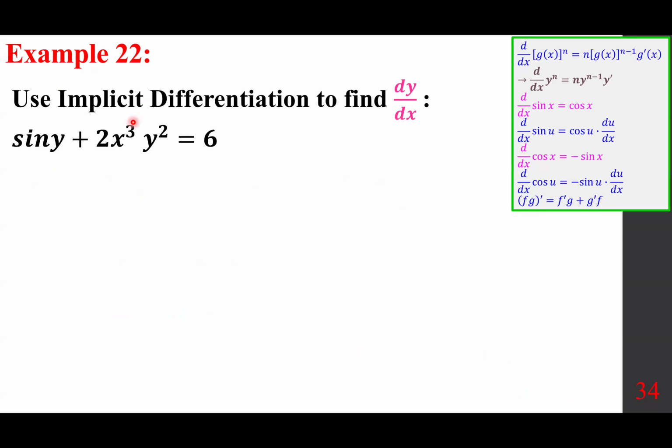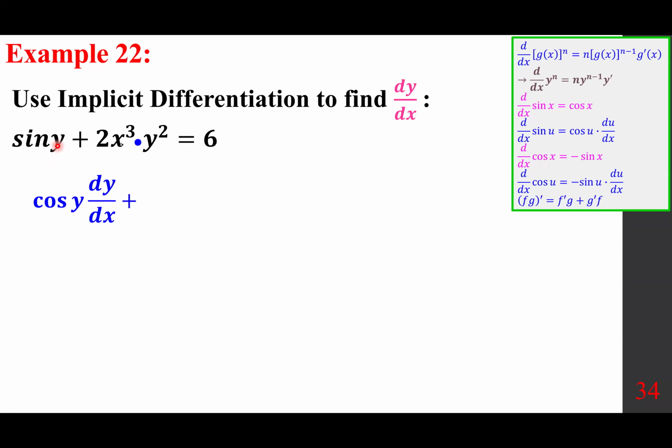We're going to continue using implicit differentiation to differentiate sine y plus 2x cubed y squared equals 6, dy dx, which is indicating the independent variable is x. So we're going to do it one by one. Sine gives us cosine, but it's sine u in essence, so you need du dx, so you need dy dx or y prime.